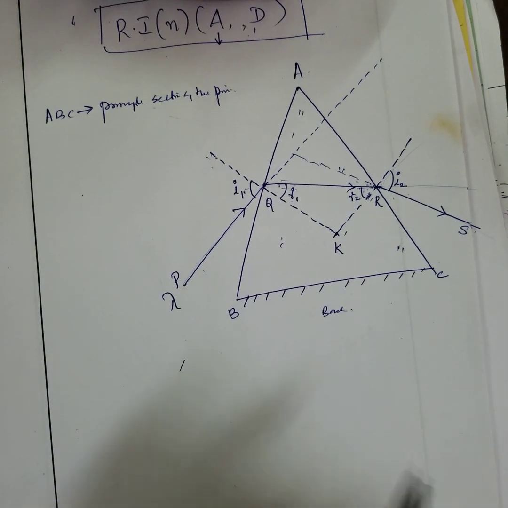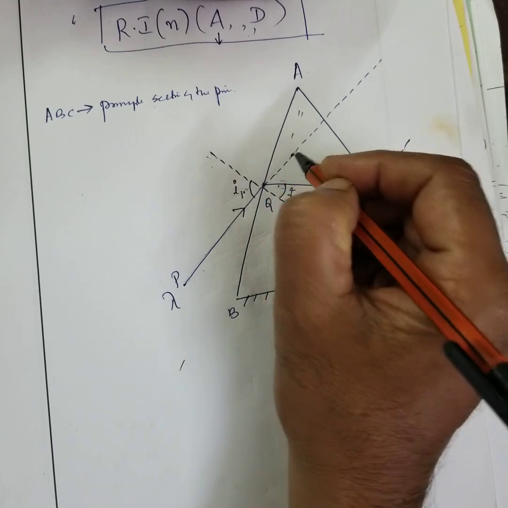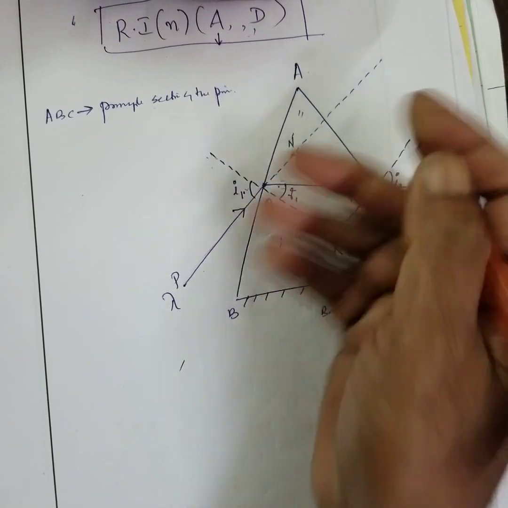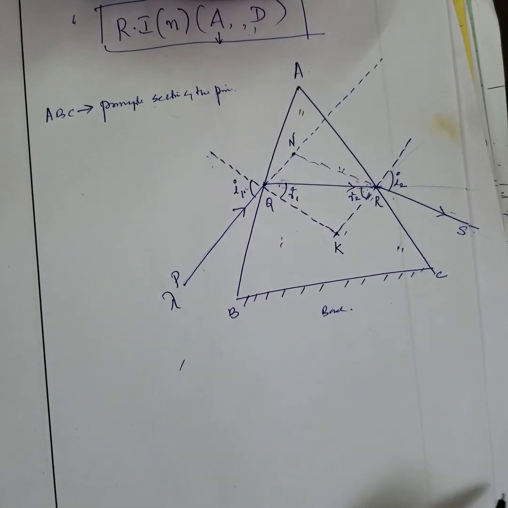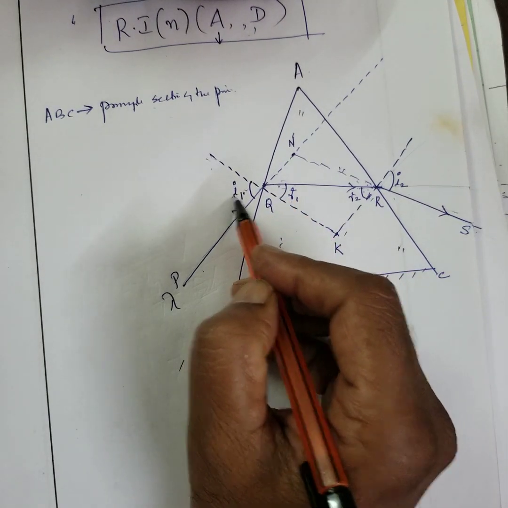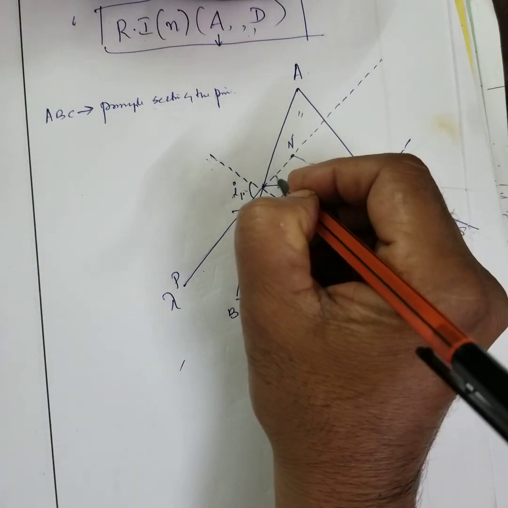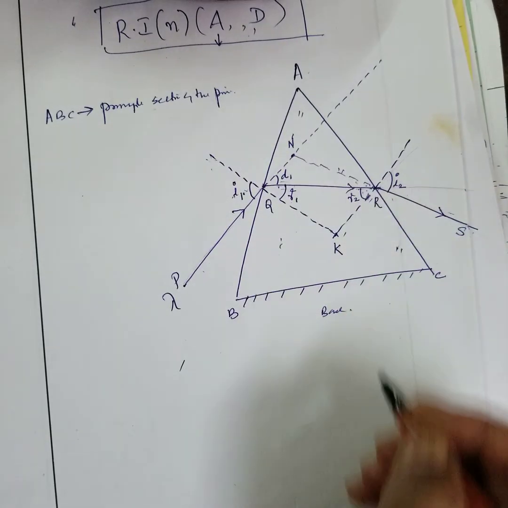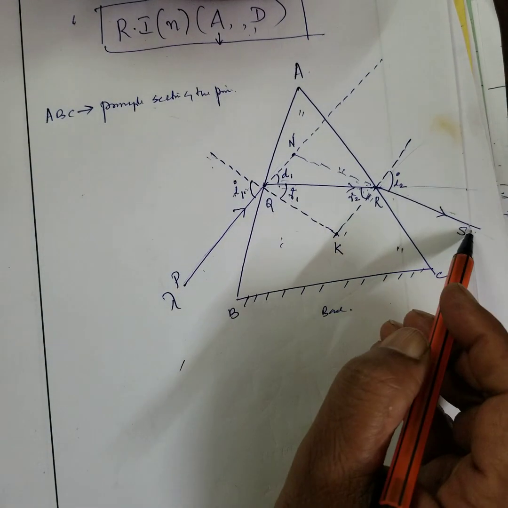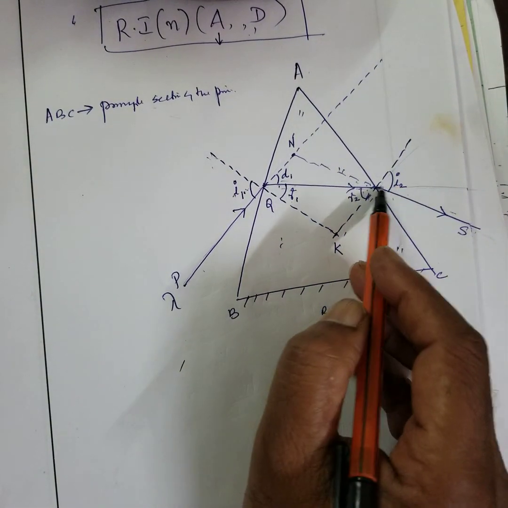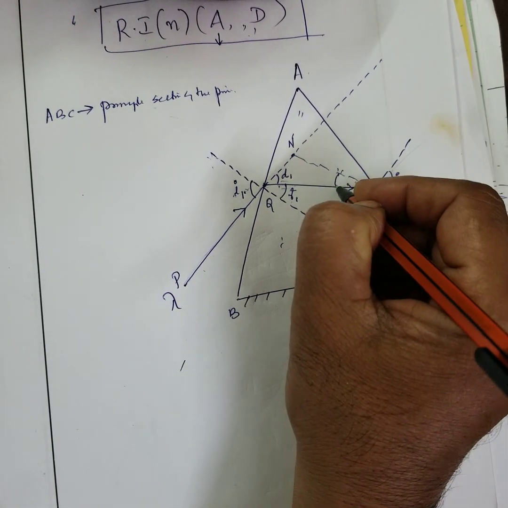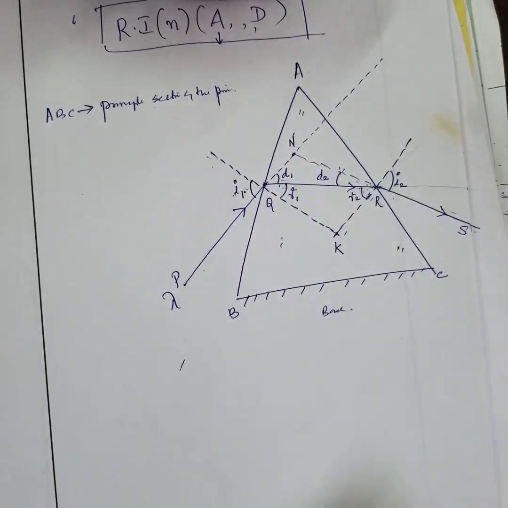This is the angle of deviation on the first surface. Similarly, for the second surface, this is the angle of deviation.